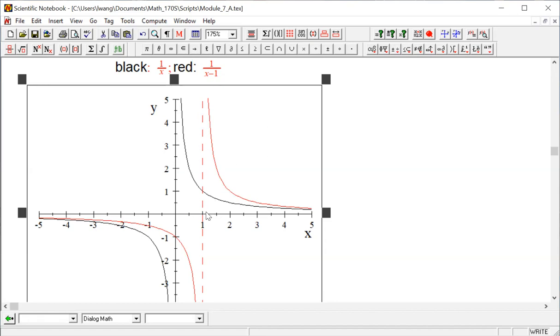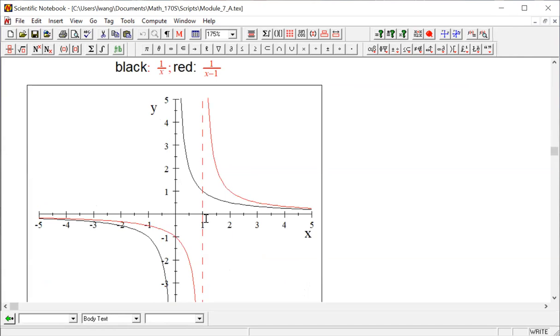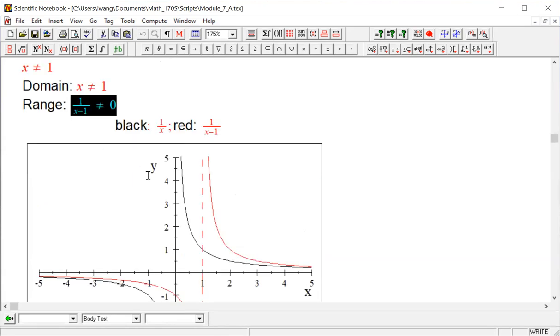The domain is x not equal to 1. And you can see that the red curve will never cross the x-axis, so the range is not equal to 0. The red curve will go as high as possible, and the only function value it cannot be is 0, so that's the domain and range.